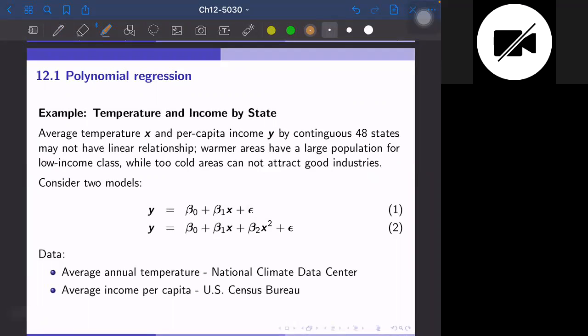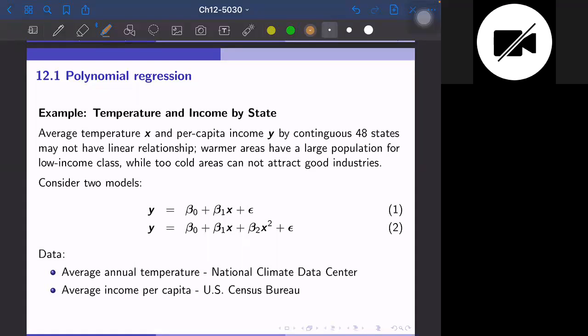This is one example, temperature and income by state. Average temperature X and per capita income Y for the 48 contiguous states may not have a linear relationship. Maybe warmer areas have a larger population in the low income class, while too cold areas cannot attract good industries. In warmer areas, it's easier for, for example, people without houses to live.